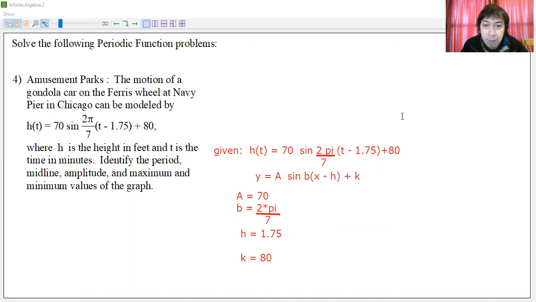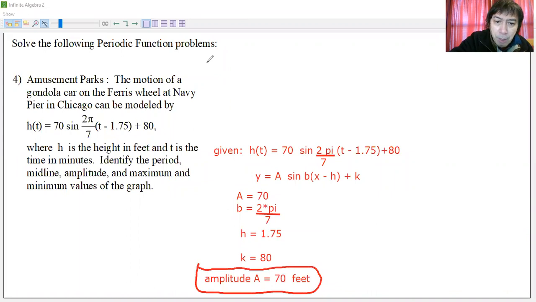Okay. All right. So first we can identify the 70. That's our amplitude. Okay. The A. So we have amplitude. Amplitude A is equal to 70. And this must be in feet. There. So we have our first answer. Okay. This is our amplitude.